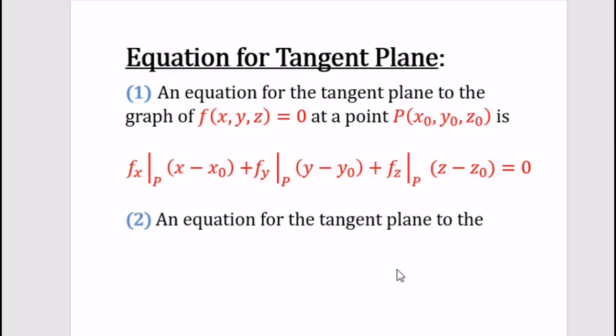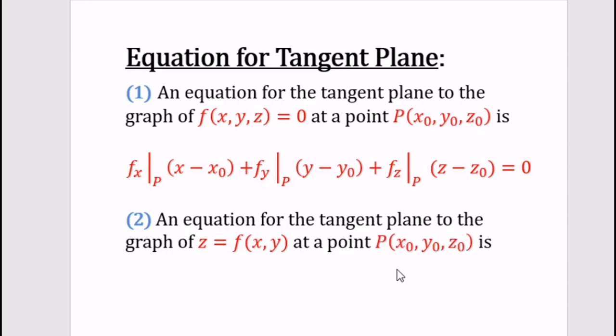And the second definition: an equation for the tangent plane to the graph of z = f(x, y) at a point P(x0, y0, z0) is z minus z0 is equal to fx at P times (x minus x0) plus fy at P times (y minus y0).